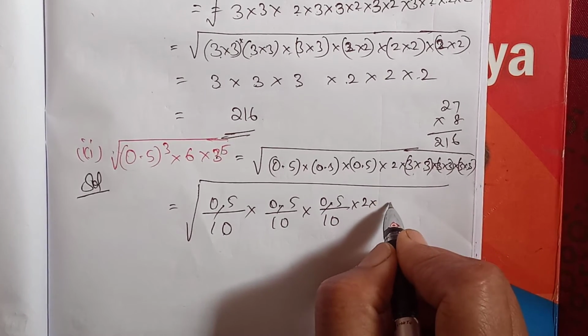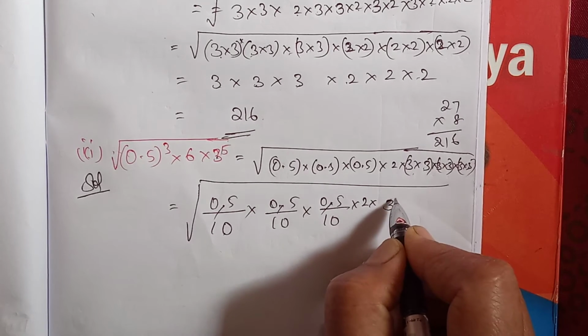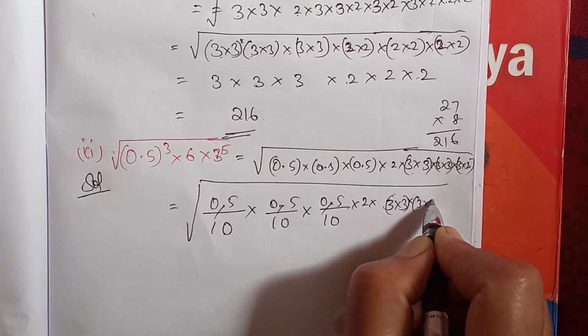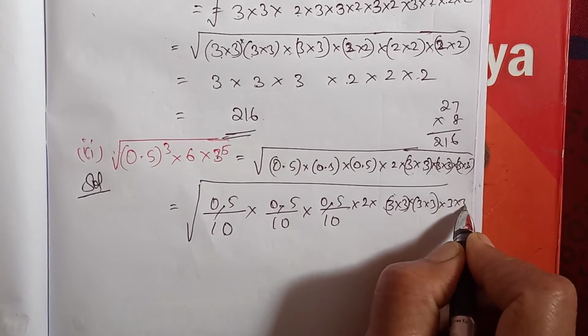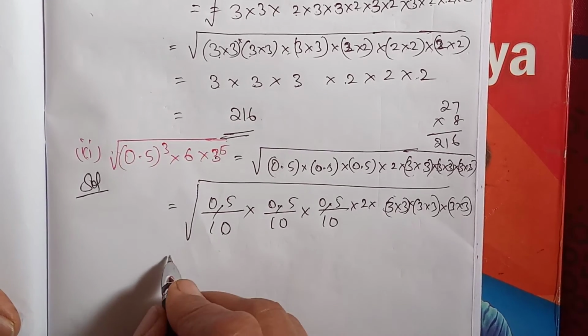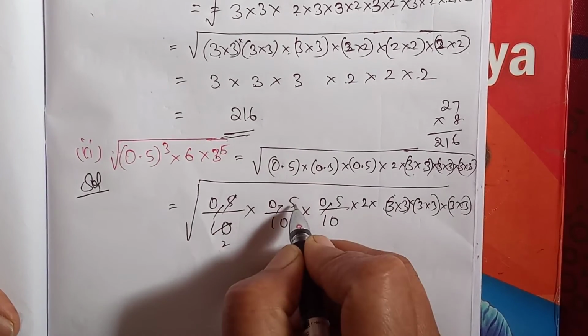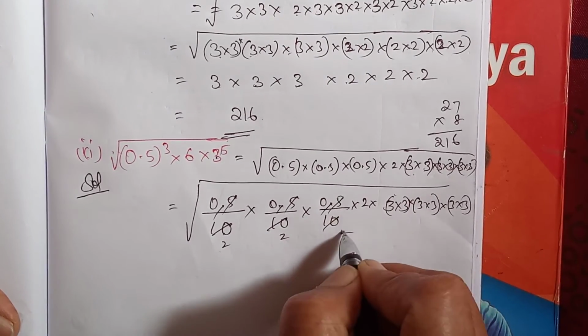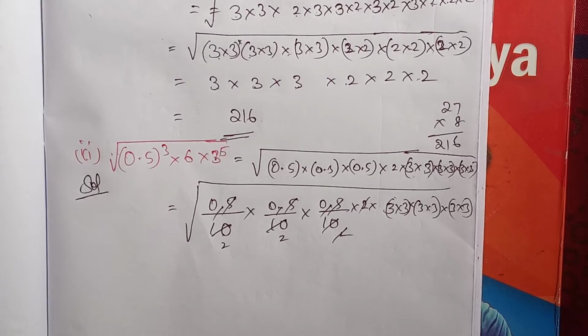Okay, so 3 square, 3 into 3, 3 into 3, 3 into 3. Okay, 5 ones are 5, 2s are 10, 5 ones are 5, 2s are 10, 5 ones are 5, 2s are 10, 2 to cancel.